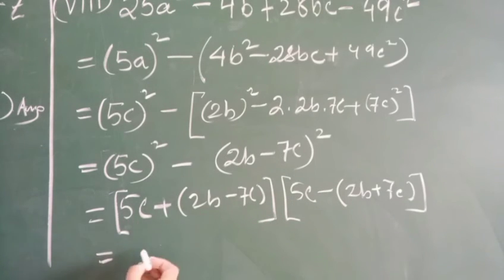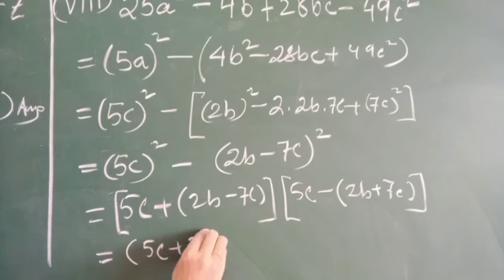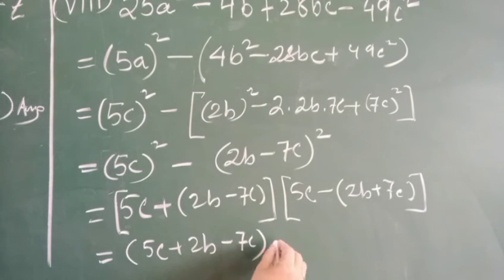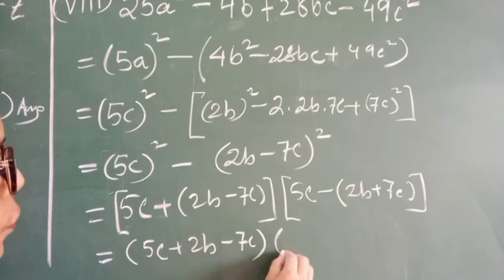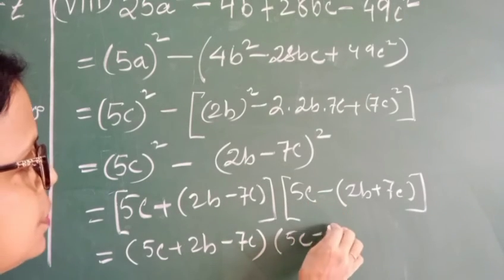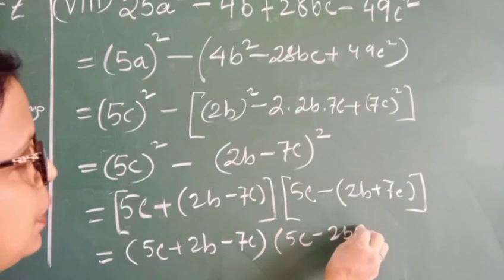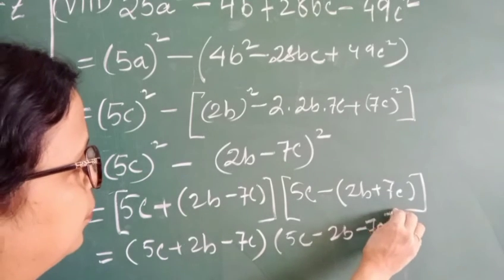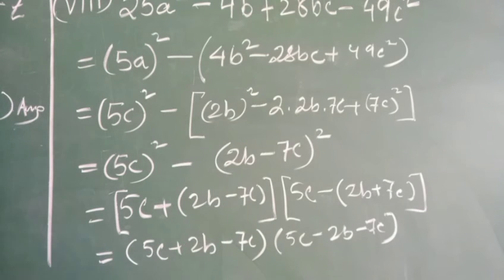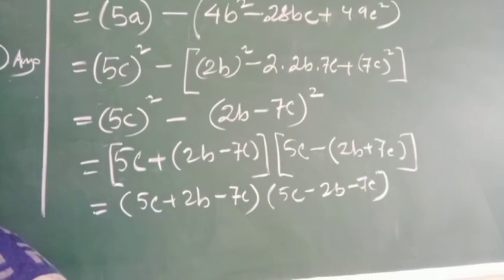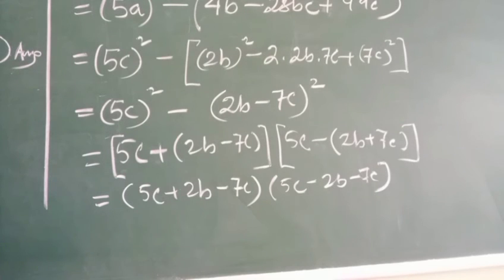Now open the brackets. So many brackets are not required now. So 5a plus 2b minus 7c. In this sum, what will you do? You can do 5a minus 2b plus minus minus 7c. I can see some like terms also.